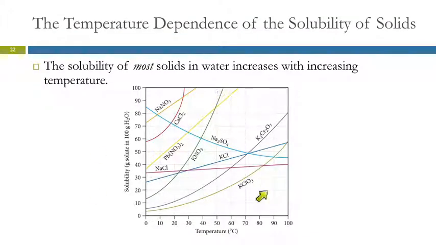And that has to do with this graph. The solubility of most solids in water increases with increasing temperature. So if you heat a solution of potassium nitrate, here around room temperature, it's 30-something, 35 grams of solute in 100 grams of water.